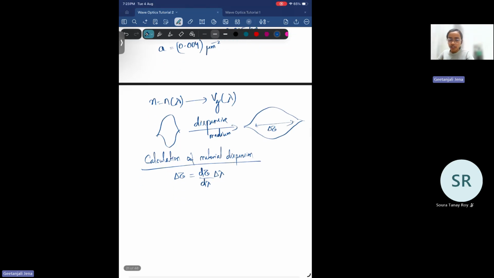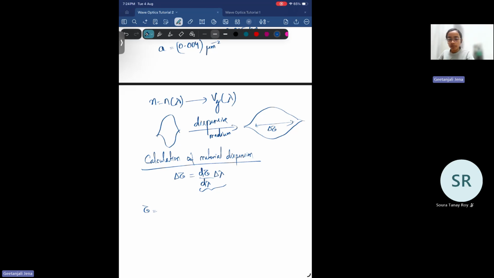Our task is to find out how tau depends on group velocity and how we can calculate this value. If we can calculate this value, then we can find the wavelength at which we will get zero material dispersion. Let us see one by one. Tau is time, and time we can write as distance over velocity.